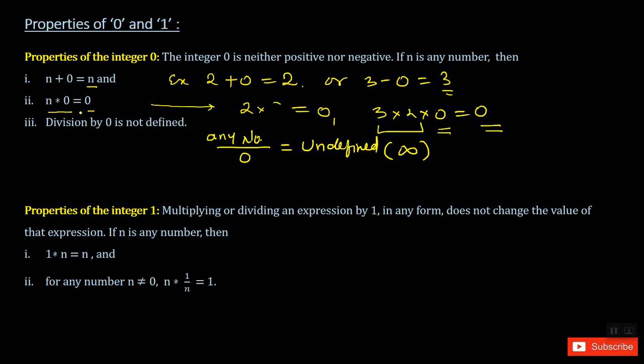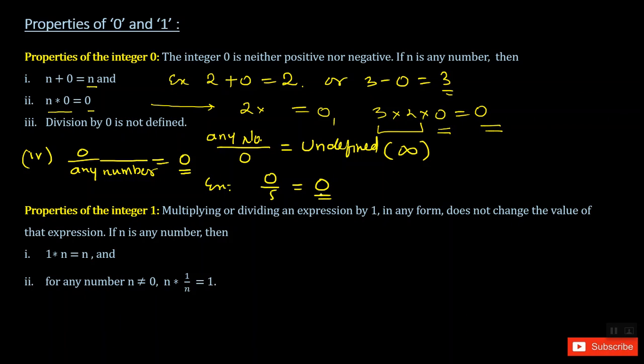Okay, right. Another point I would like to include here along with these three, I can say 0 by any number. 0 by any number is equivalent to 0 always. Example, I can say 0 by 5 is equivalent to 0.